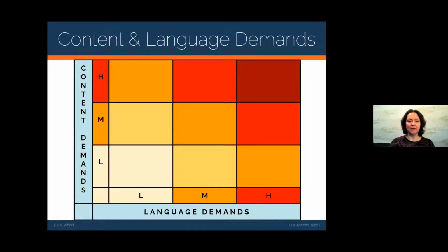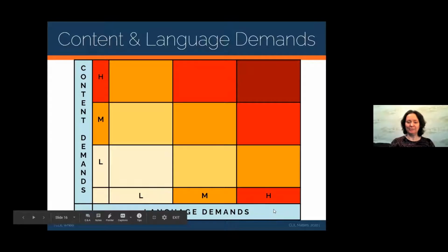But in my teaching and teacher training practice, I thought that I need this medium level as well, that it's not really okay to go from low to high, that I need a stage in between. That's why 3 levels, I would say, of language demands and 3 levels of content demands. But if you look at the structure, you see that the darkest color is in the top right corner. Because this is where it is really challenging, where the content is really demanding and the language is demanding.